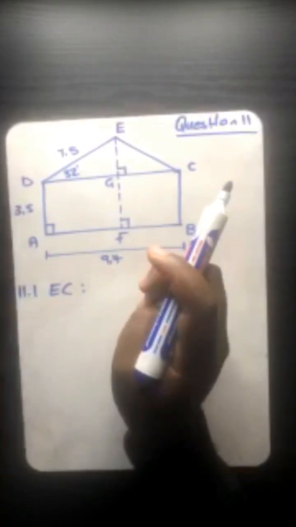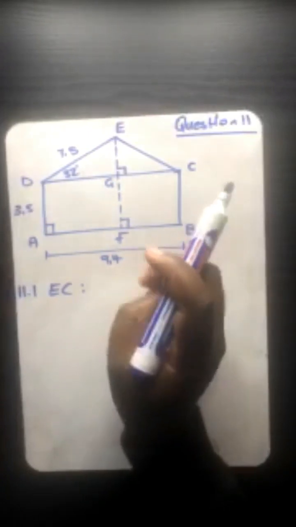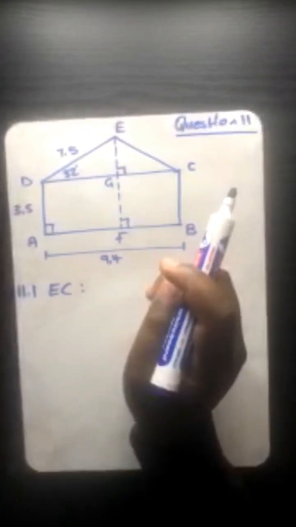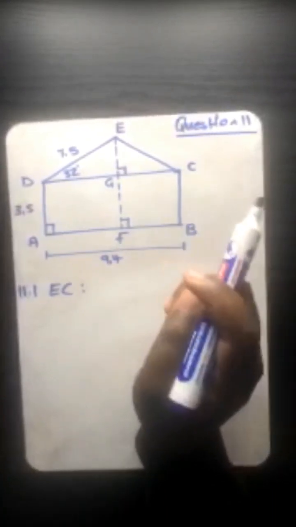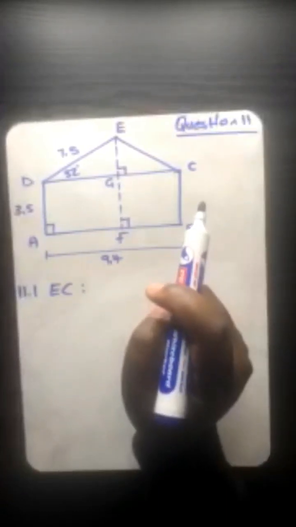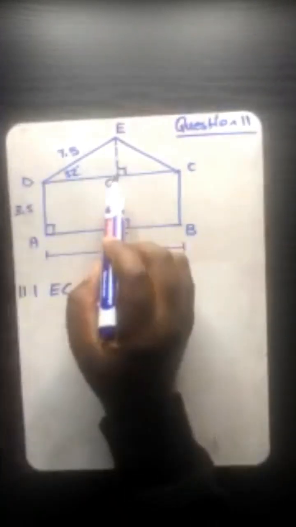Which angle? Remember, we have 2 angles named E. So mathematically, you're going to say in triangle, angle E. So in which triangle? In triangle DEG.